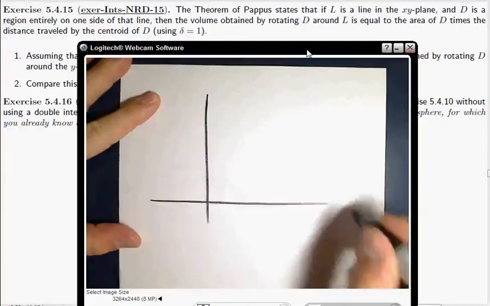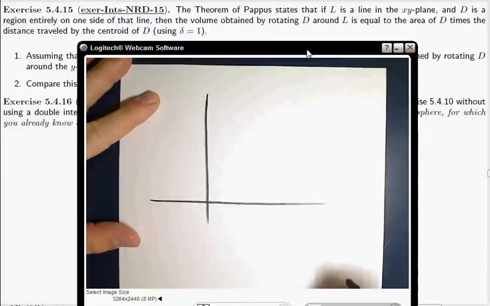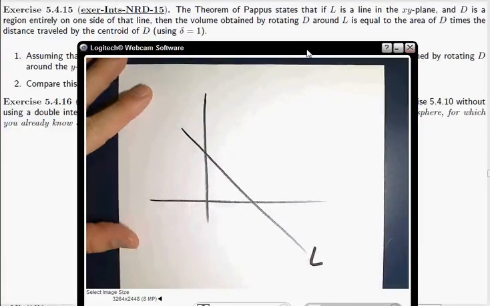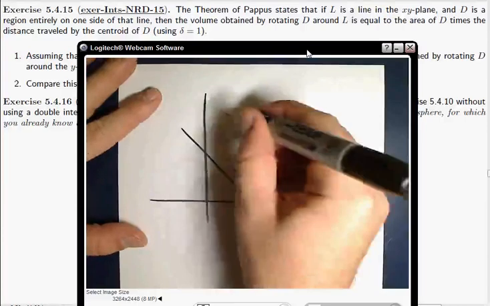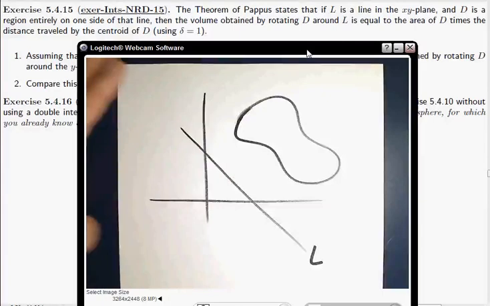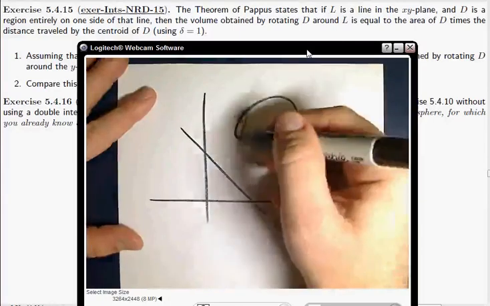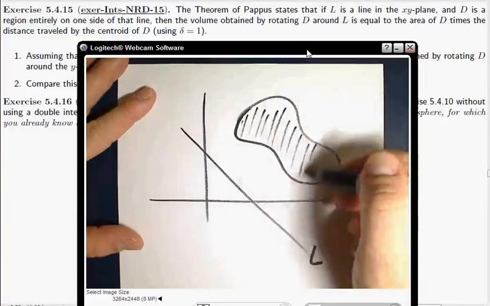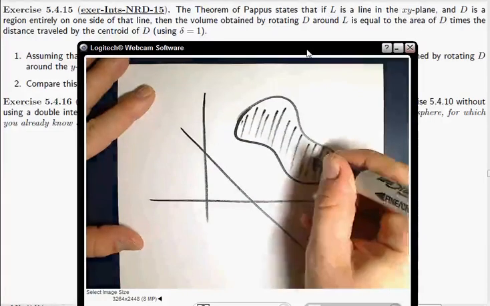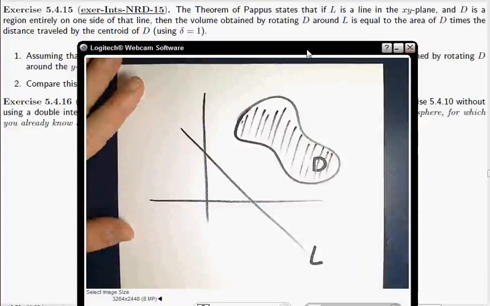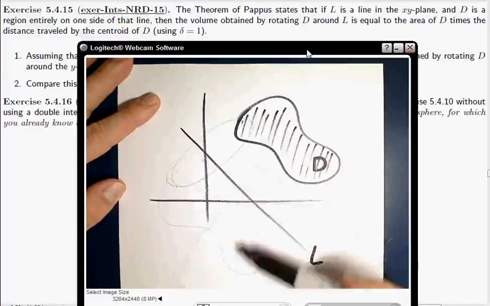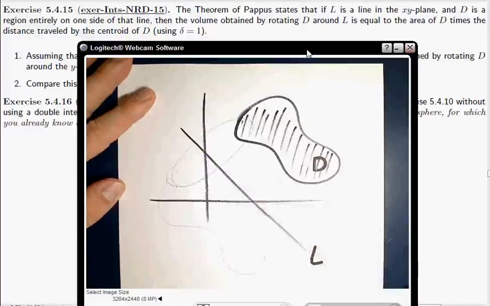In any situation where you have some line in the xy plane, and you have some region entirely on one side of that line, and let's call that D, if you were to take that region and rotate it around, that gives you some three-dimensional shape.